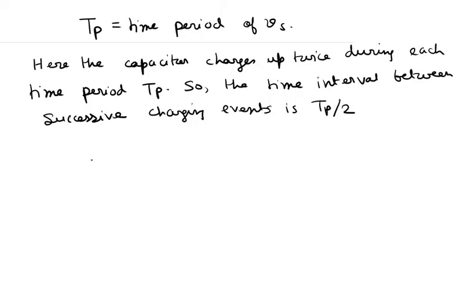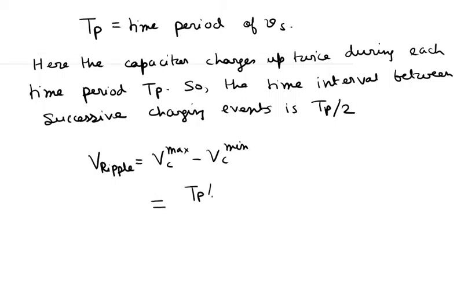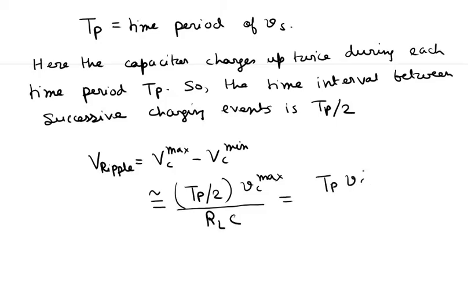So the ripple voltage V ripple, which is again the difference between the maximum and minimum output voltage, Vc max minus Vc min, is approximately equal to Tp by 2 times Vc max divided by RLC, which is equal to Tp Vc max by 2 RLC.